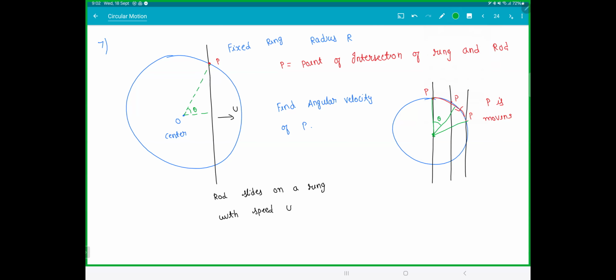That's what I said. Whenever someone says angular velocity, don't think about a circle. If theta changes, it's angular velocity. The radius need not be constant. Anyone not clear with the question or the diagram, please ask. Question is clear? Go ahead.